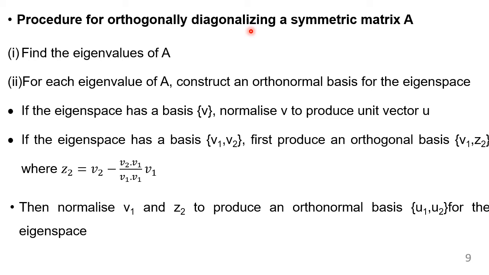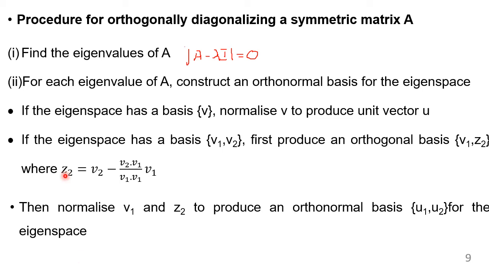Let us call the symmetric matrix A. First step is to find the eigenvalues of the given matrix A by using the determinant of A minus lambda I equal to 0. This will give you the characteristic polynomial. When you simplify this, we will be getting the eigenvalues.